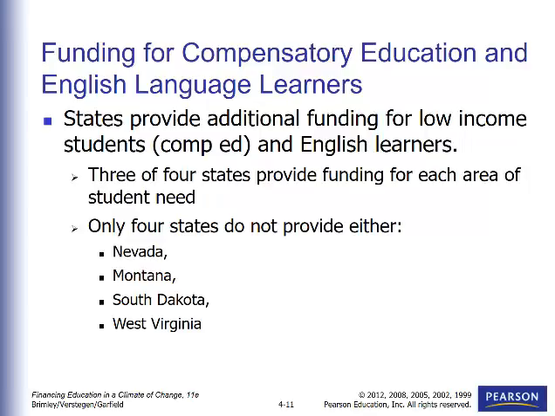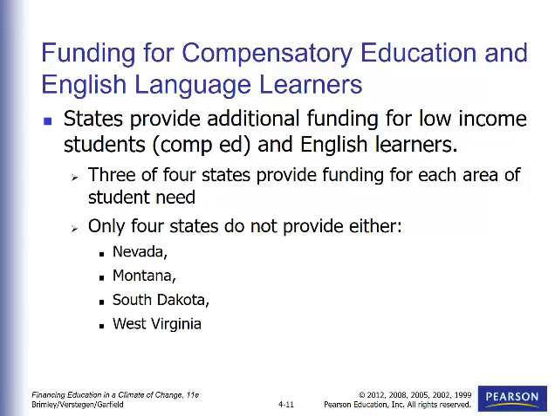So just a couple of statistics here. You can see 3 or 4 states provide funding for each area of student need. Only 4 states do not provide either. And when we're talking about the areas of need, we're including low-income students. So we provide additional monies for low-income and ELL students.